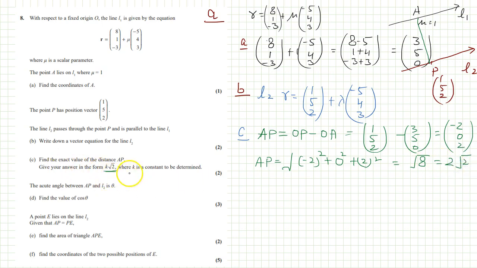So this is 2 root 2 in the form of k root 2. So we can say that k is equal to 2. This was part C.